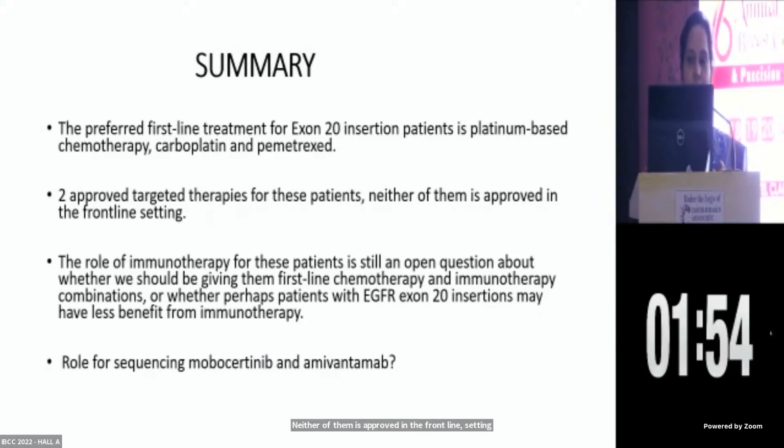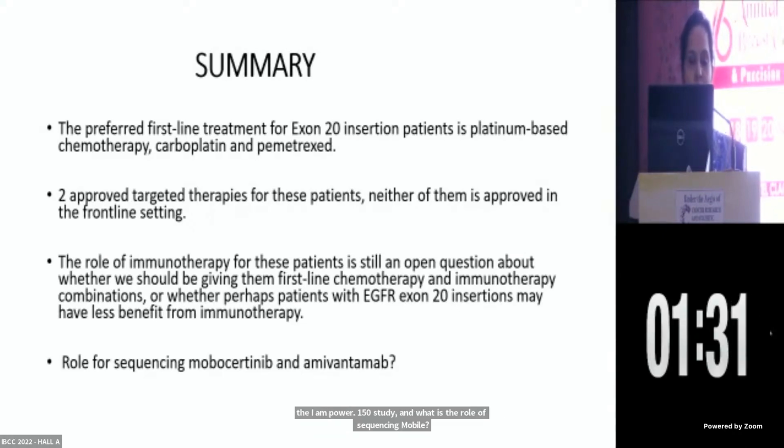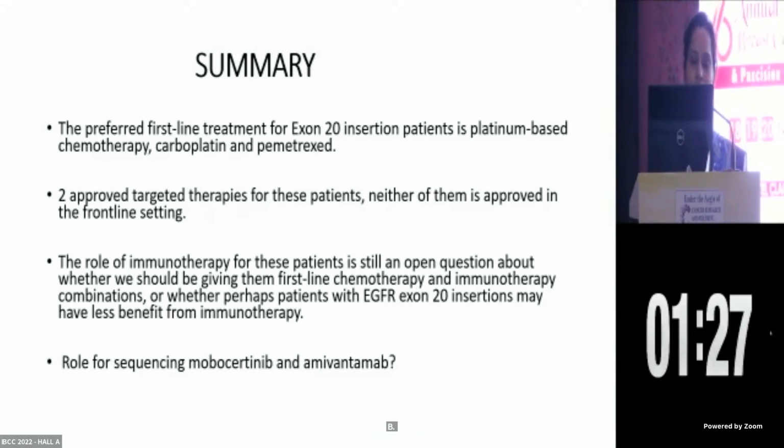The role of immunotherapy for these patients is still an open question, whether we should be giving first-line chemotherapy plus immunotherapy combinations, or whether these patients may have less benefit from immunotherapy, because this is a subgroup analysis of the IMpower150 study. And what is the role of sequencing mobocertinib and amivantamab? Can mobocertinib be given after the patient has received amivantamab? That is still a question.